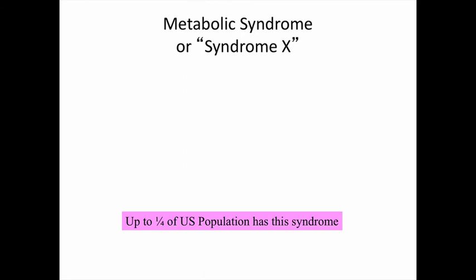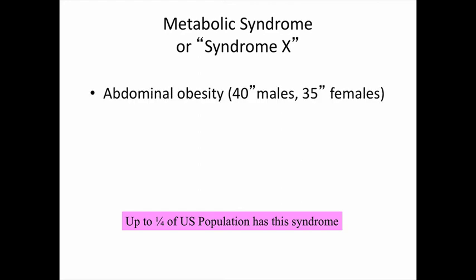All right, the last thing I want to talk about in this video, because I know it's getting pretty long, is metabolic syndrome, which was historically referred to as Syndrome X, but we've dropped that, and now we just call it metabolic syndrome. And the numbers are going up.